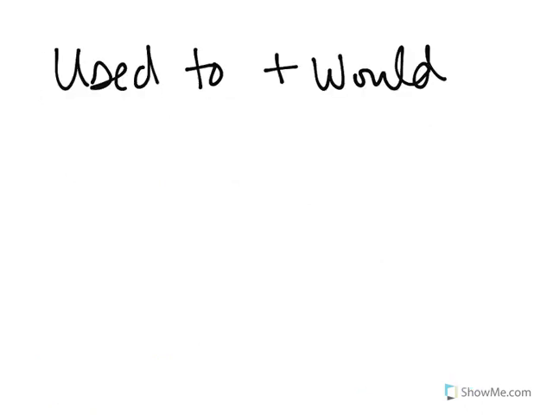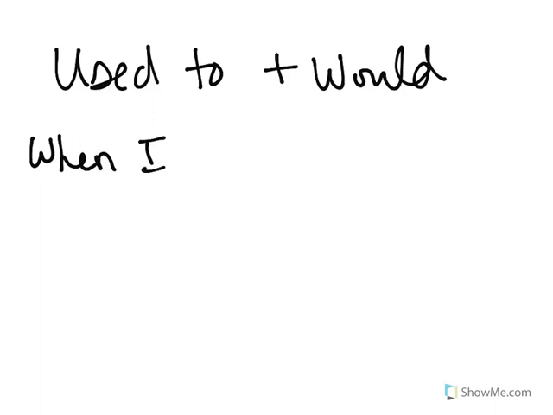Now, one more thing to keep in mind with simple past is that a lot of times we use these special phrases, used to and would, to talk about actions that happened in the past but don't really happen anymore. Now, if I'm just simply talking about an action that happened in the past and I don't do it anymore, I can use both used to and would.